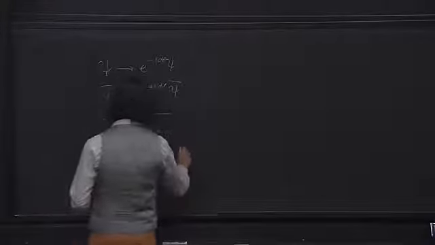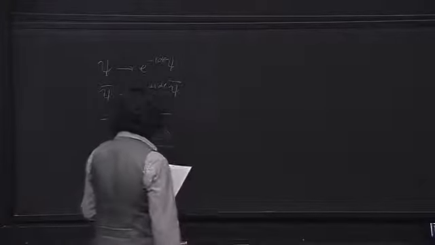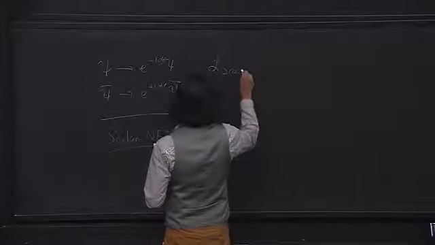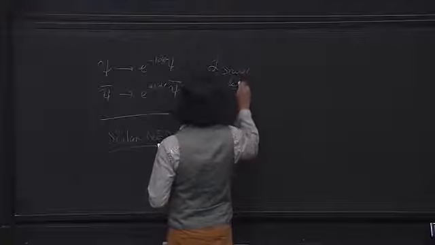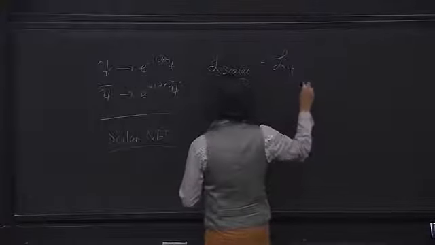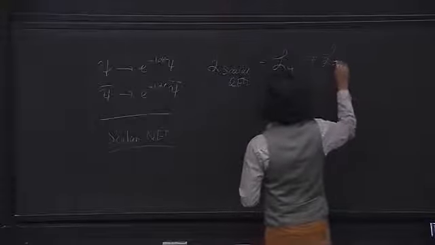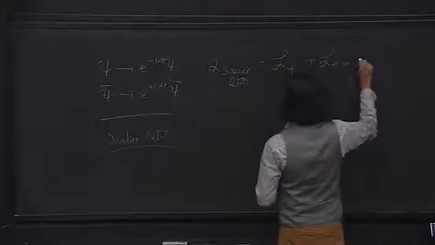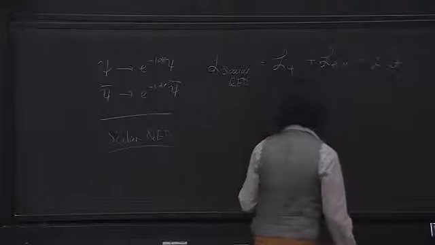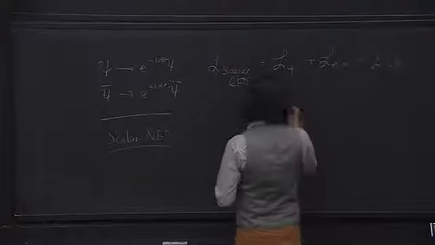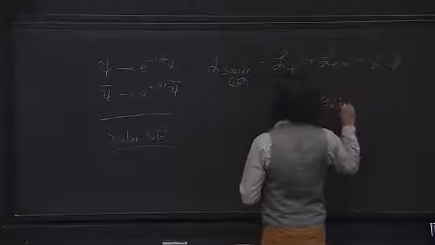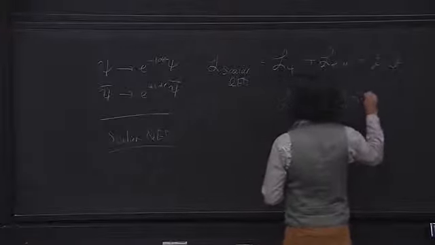So in scalar QED, you have a complex scalar field, and you have the electromagnetic Lagrangian, and you have some interaction term. And you can show that this has a gauge symmetry.